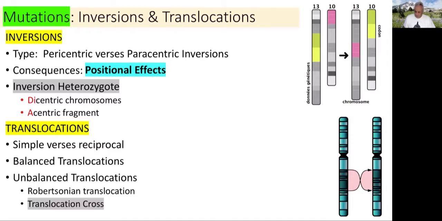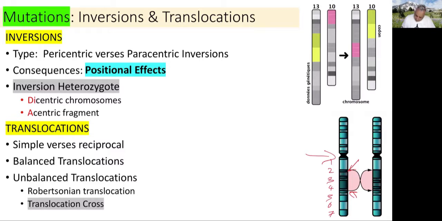So believe it or not, the bottom figure here is demonstrating an inversion. You can see the original order of the chromosome would be, say, region 1, 2, 3, 4, 5, 6, 7. And you can see there's been a cut here and a cut there, and the chromosome has been flipped and then reattached to the 2 arms, right?